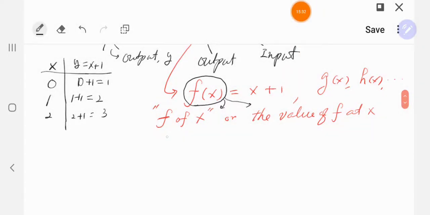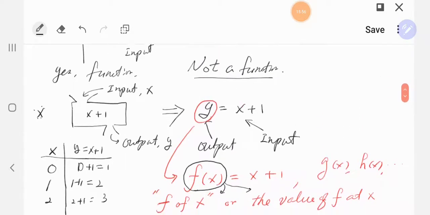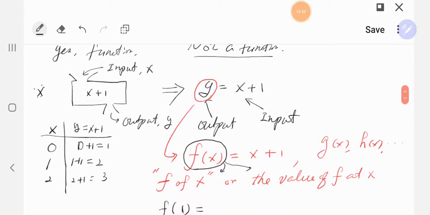So if an input, let's change this one into f of 1. Then what is f of 1? This x is the input, right? Now the input value is 1. That means we will replace x. So given input value x, you will calculate some work and then you will give an output. So the right side of the equation, x plus 1, is the expression in the box.